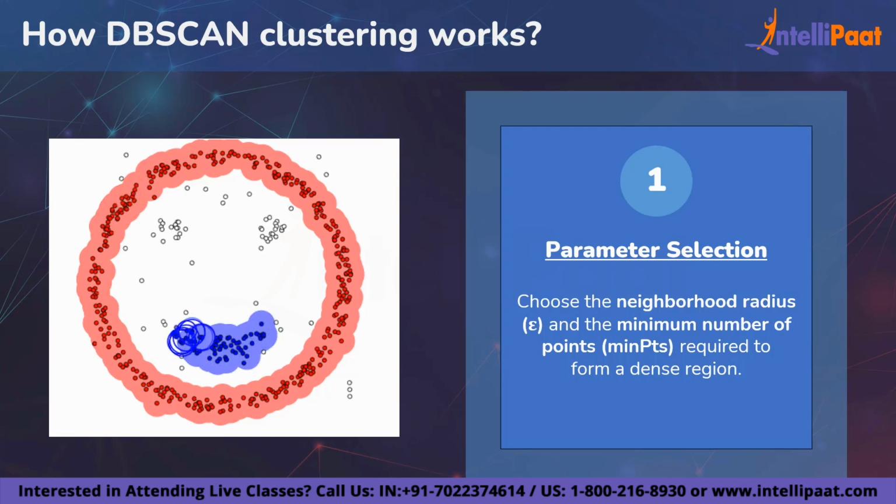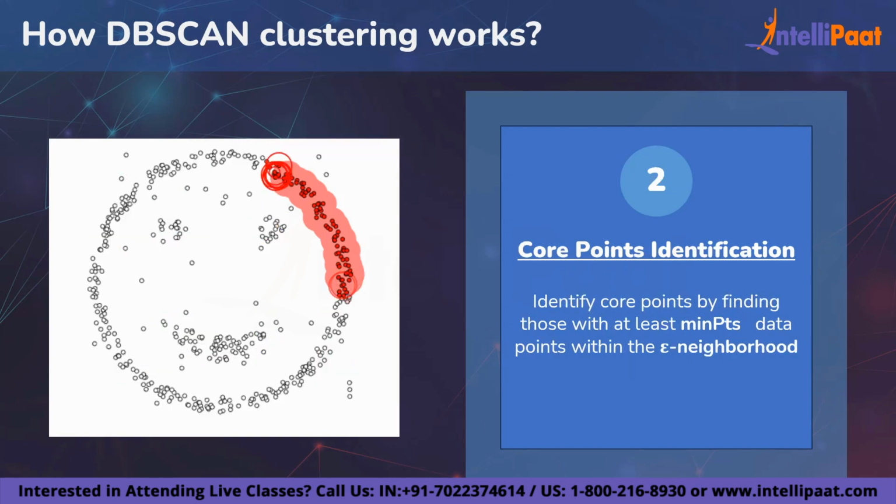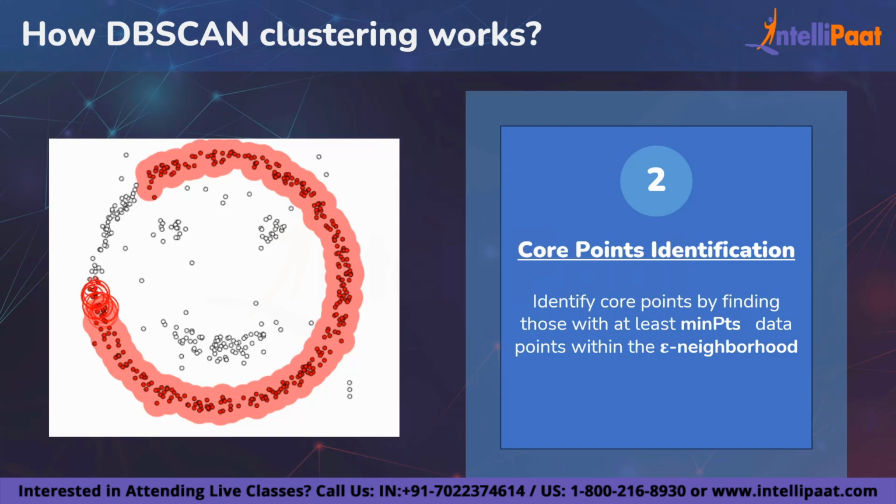Now coming to the second step, it is to identify the core points in the given data set. As I said, core points are the ones that have at least min points number of points within their epsilon radius, right? So we have to find the core points in our given data set, and that is the second step.